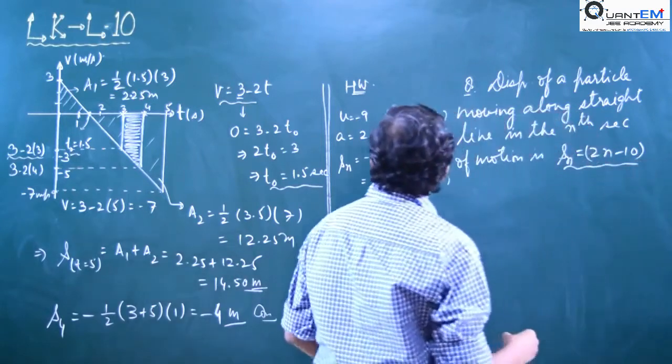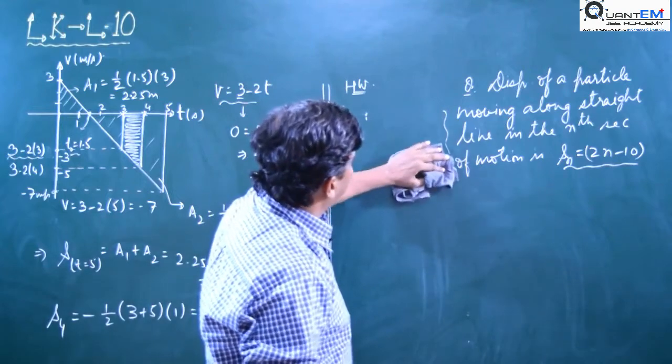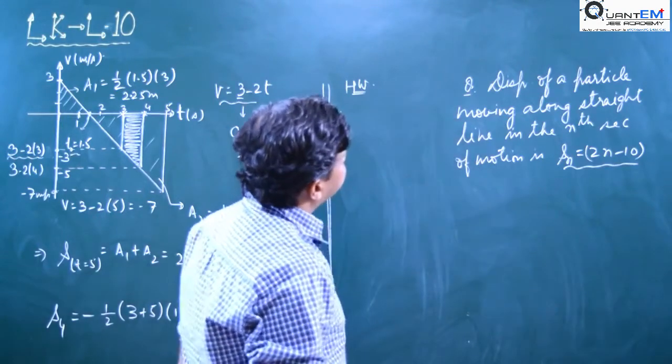That is the displacement of the particle in the nth second of motion. Sn is equal to 2n minus 10.